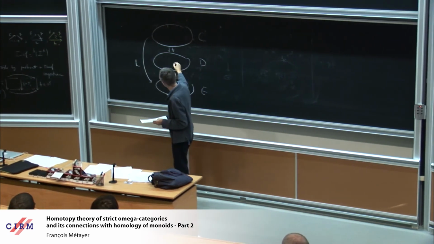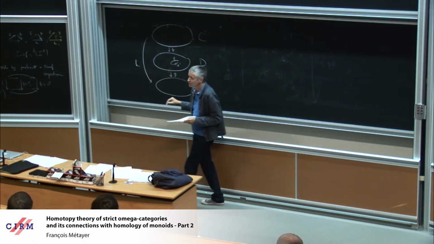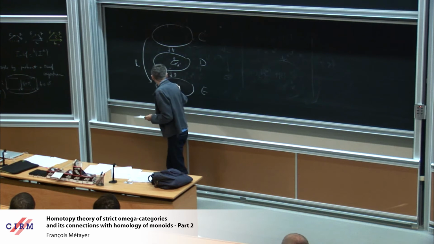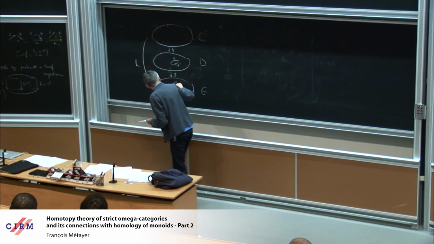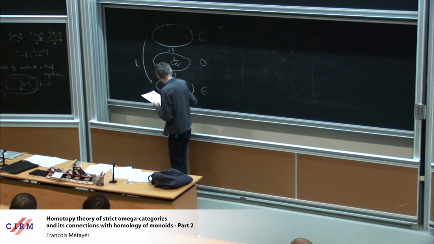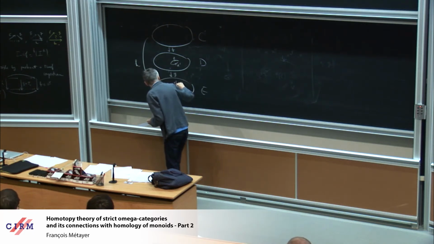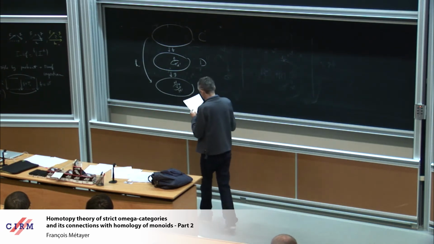You start with two cells here, two parallel cells, D, D prime, that are sent by G to here, GD, GD prime. By hypothesis, you have a cell here in between. I call it W, for instance.